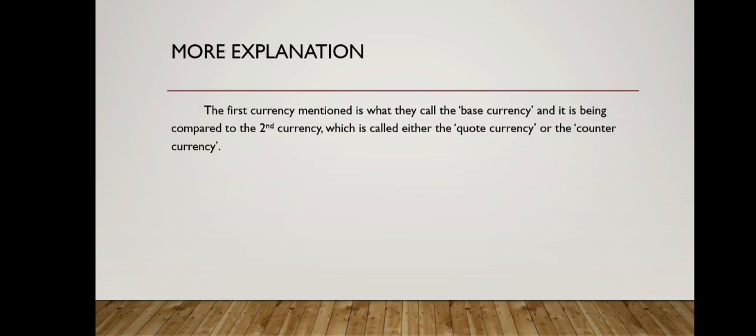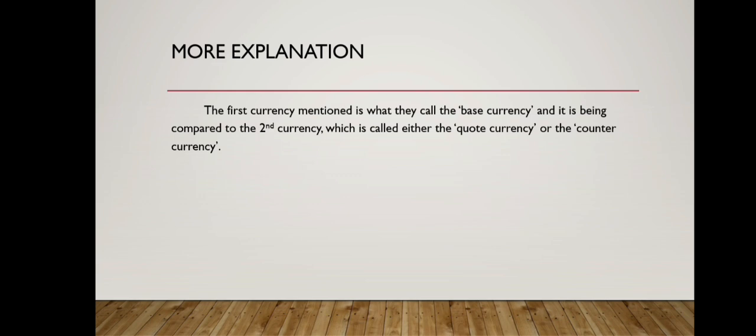More explanation. The first currency measured is what they call the base currency, and it is being compared to the second currency, which is called either the quote currency or the counter currency.